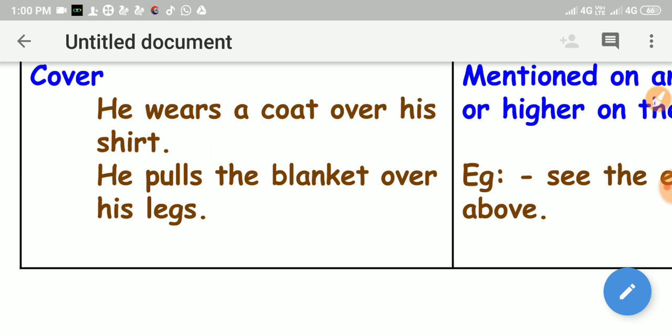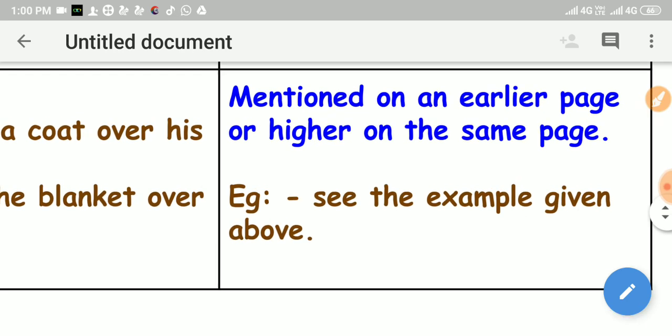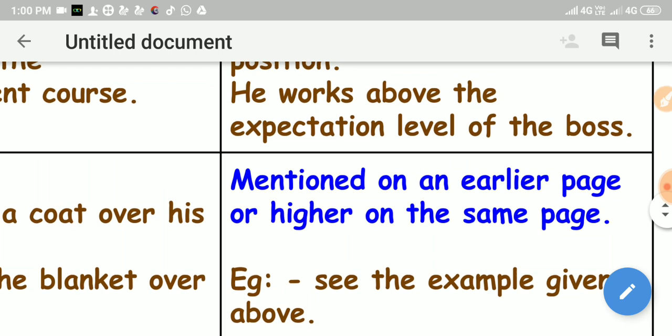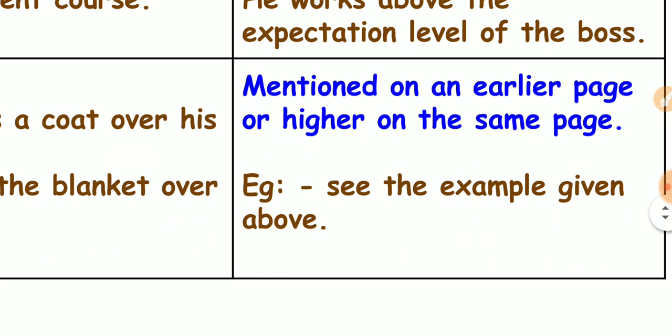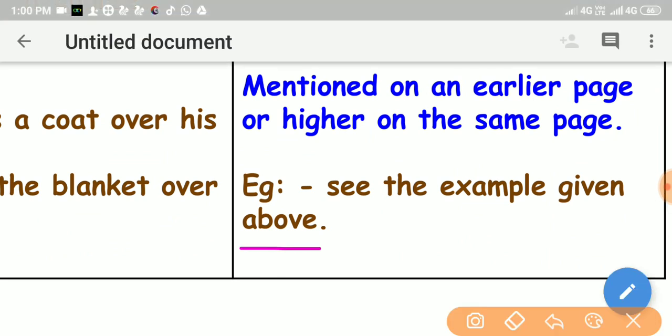At the same time, let us go with another example. He pulls the blanket over his legs. This example we have already discussed above, my dear friends. So like this, one more usage is that above is used when mentioning an earlier page or a higher position on the same page. For example, see the example given above.